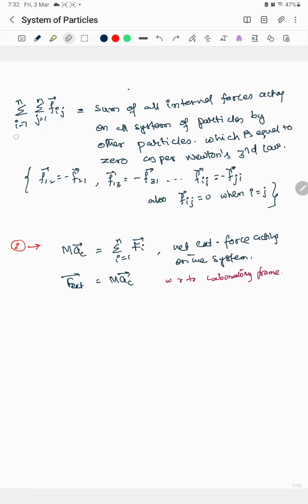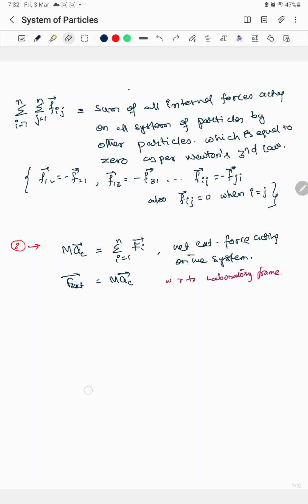If we take this over all the particles of the system, the sum of all internal forces acting on all particles by other particles is equal to 0 as per Newton's third law. That means F12 is equal to minus F21, F13 equal to minus F31, and so on. Fij is equal to minus Fji, and so on.